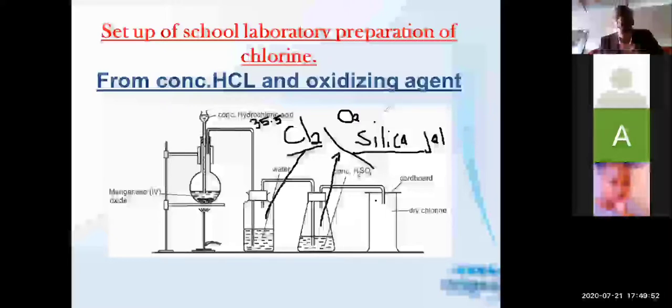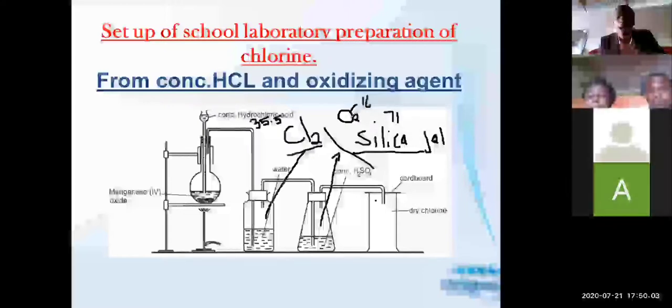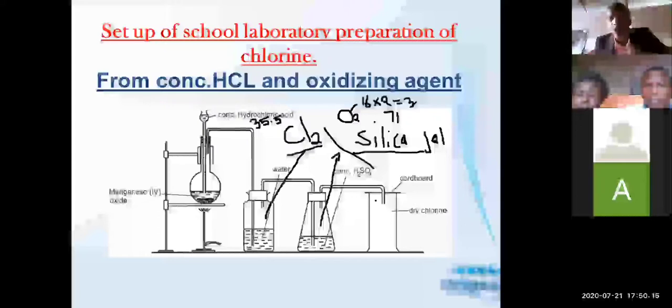Thank you. That is 71. Oxygen, what is the atomic mass of an oxygen atom? It is 16. And here we have two oxygen atoms. Multiply by 2. What will you get? 32. Yes.